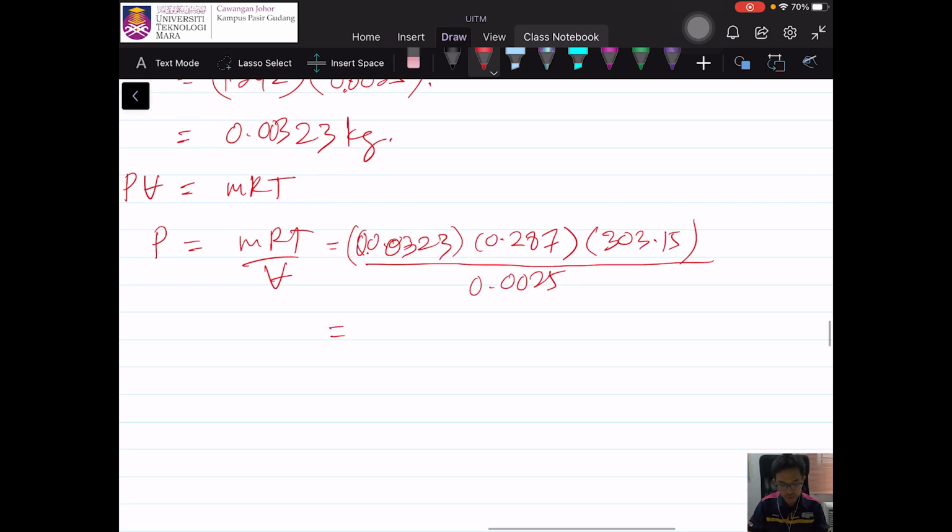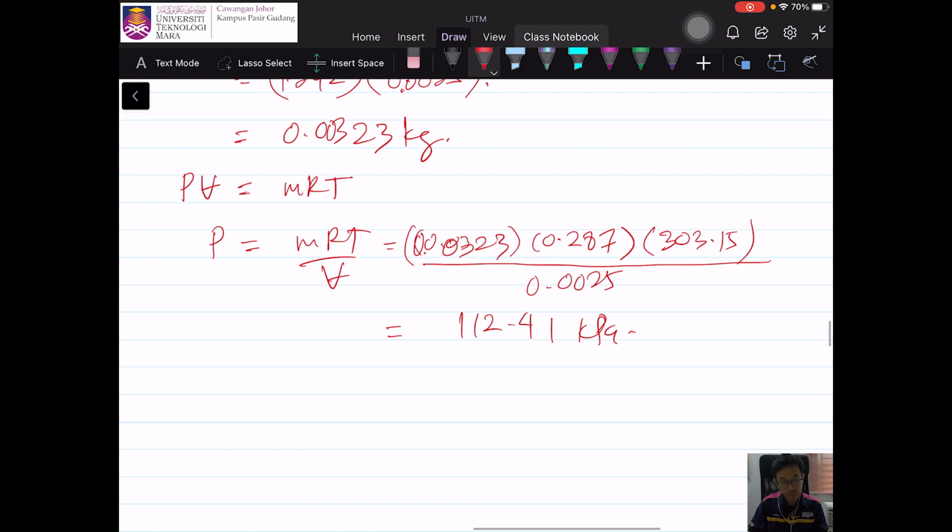So you can calculate your theoretical pressure there: 0.00323 times 0.287 times 303.15 divided by 0.0025. So you get here 112.41 kPa. Okay, so this is your initial pressure.